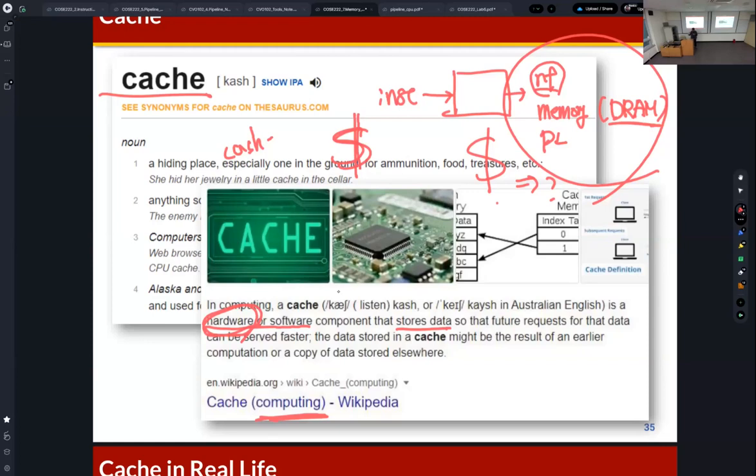Okay, and then actually, the software engineers do not know about the cache, but this cache is only used for fast data access. So only used for higher performance. Okay, and then you need to remember that cache is automatically managed by hardware.